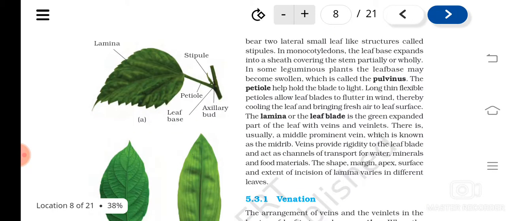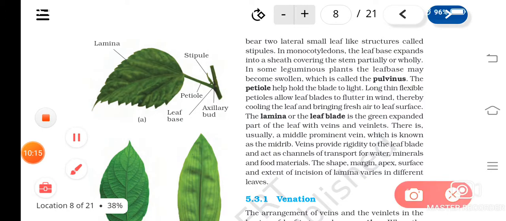On the basis of the presence of stipules, the leaves can be stipulate and exstipulate leaves. Those having stipules in their leaf axil are known as stipulate leaves. Okay, and if they are not having, then we call them exstipulate.